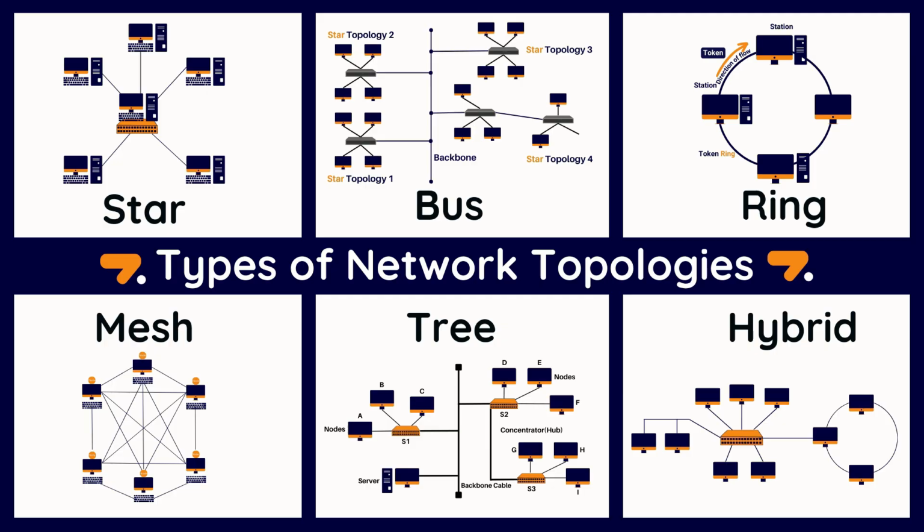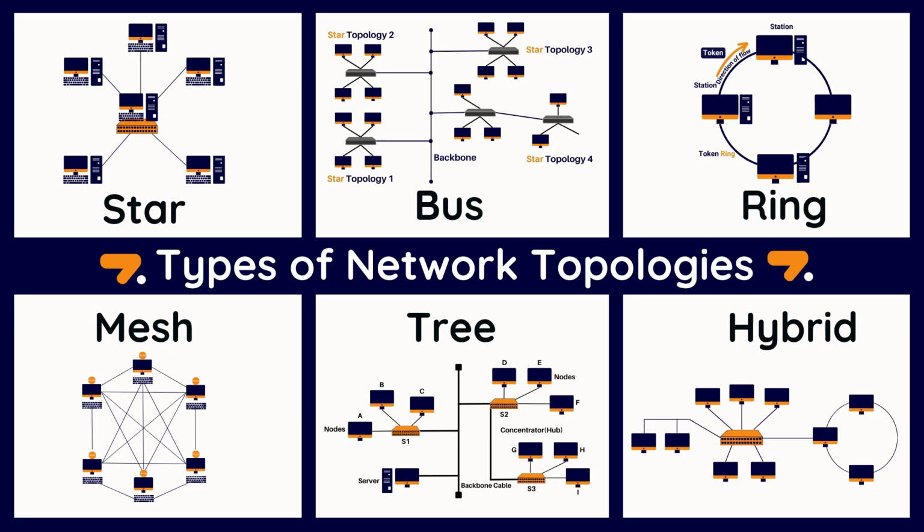Reliability of the network: the best topologies are mesh and hybrid. Mesh is reliable with multiple connection links, so the network remains operational. The hybrid combines the strengths of different technologies, enhancing fault tolerance and scalability. For scalability, the best topologies are tree and mesh.